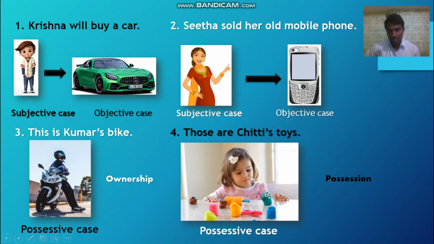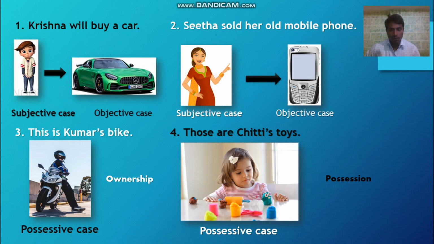Thus, in this entire explanation, we get to know three things. To get what is in the subjective case, we need to question with who. To get what is in the objective case, we need to ask a question with what. And lastly, to get what is in the possessive case, we need to ask a question with whose.